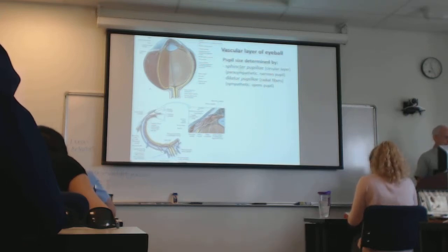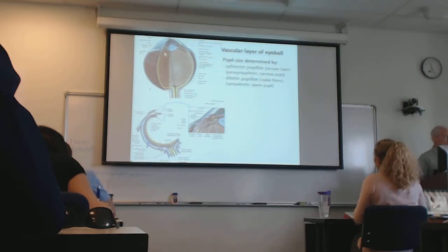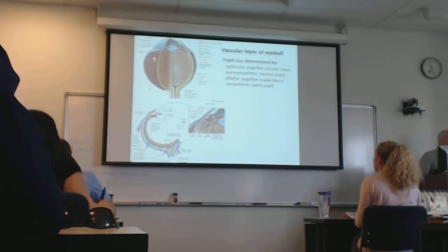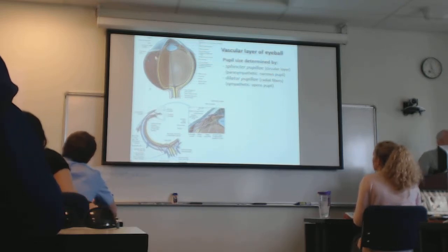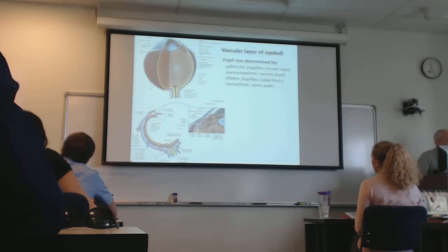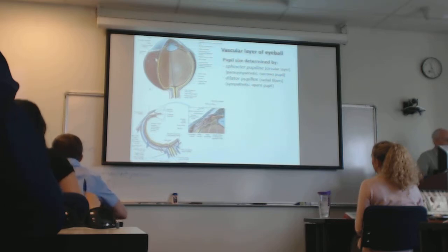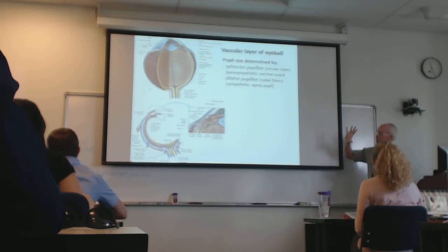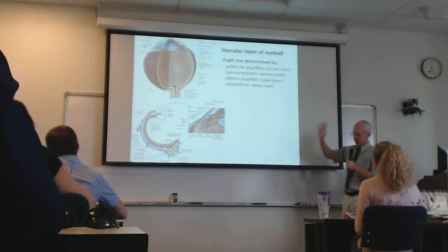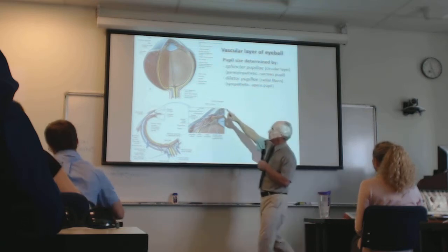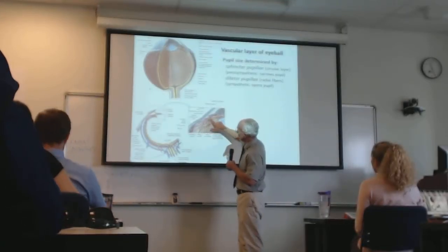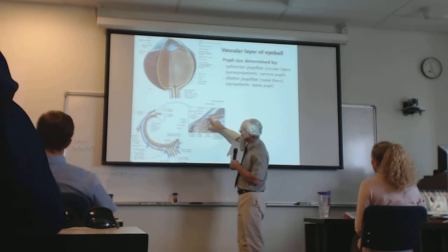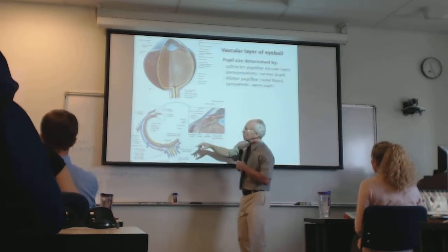And then, yeah, we've talked about the sphincter and the dilator pupillae. There's a little bit of confusion with respect to the vascularity here. This is describing the choroid, but these blood vessels are present exterior. How can I say this? There is a profusion of blood vessels posteriorly surrounding the exterior of the eye that is continuous with the choroid of the eye as well.